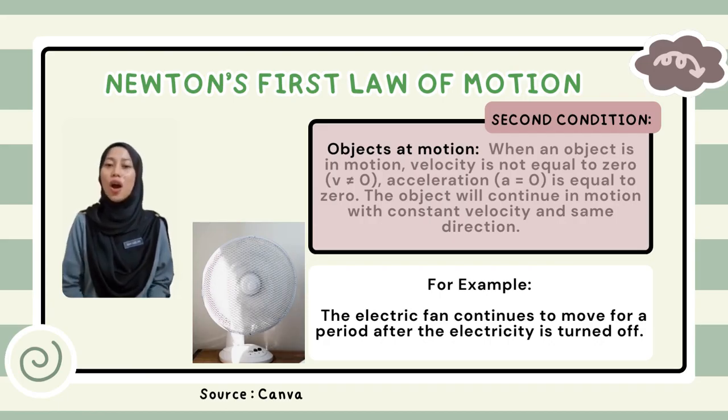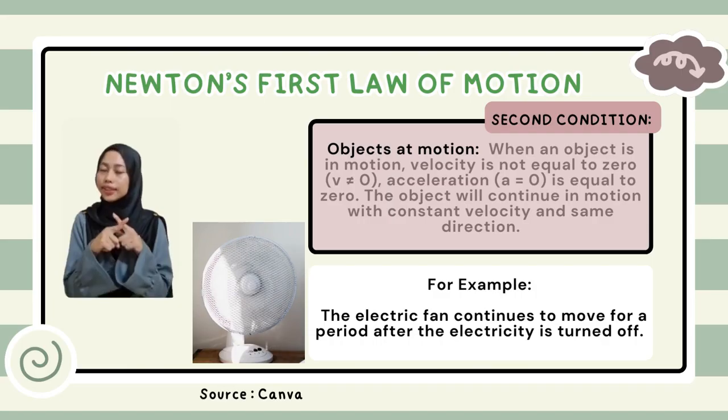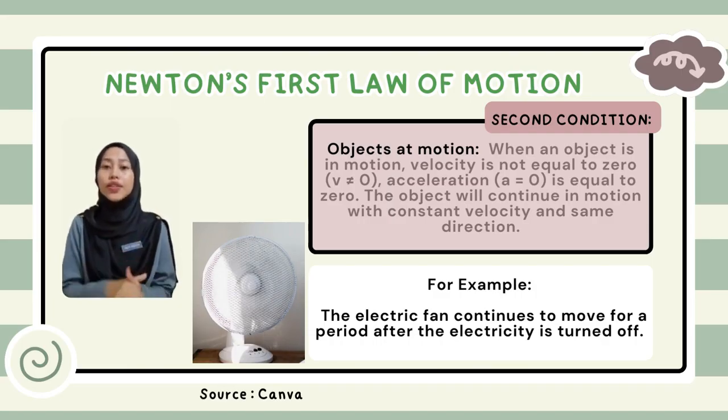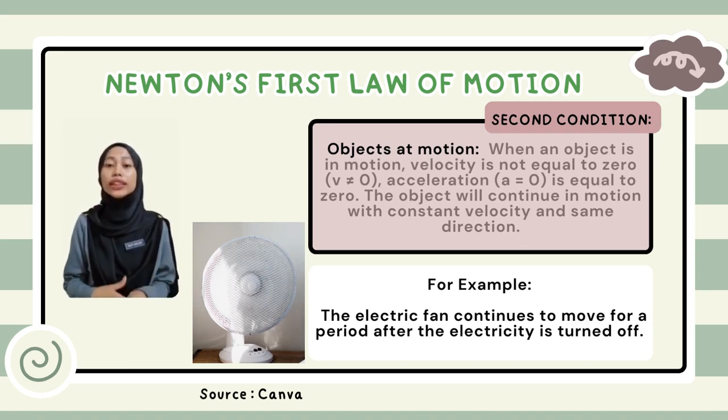Second condition is object in motion. When an object is in motion, velocity is not equal to 0. Acceleration a equals 0. Therefore, the object will continue in motion with a constant velocity and in the same direction. As you can see from the video, the electric fan continues to move for a period after the electricity is turned off.